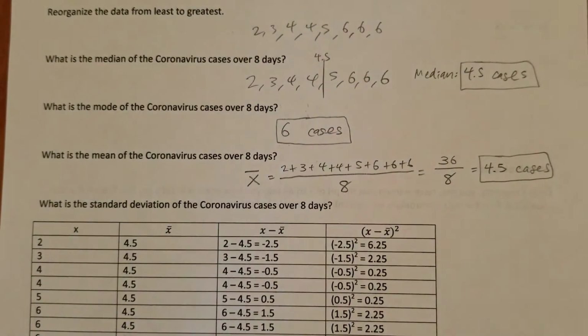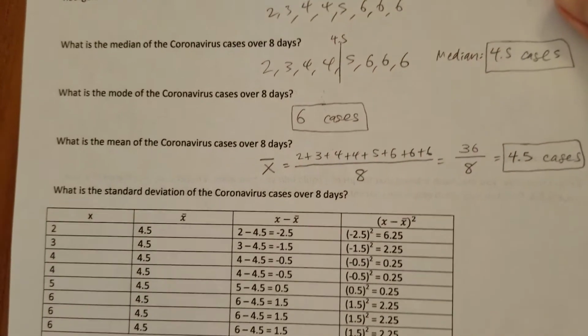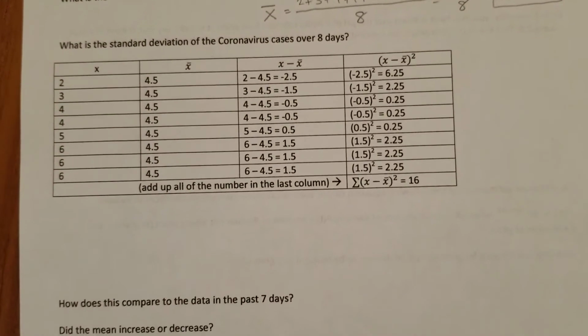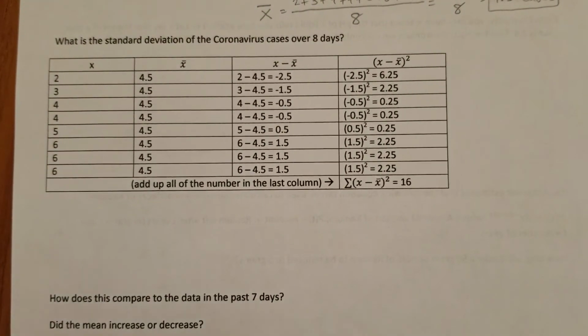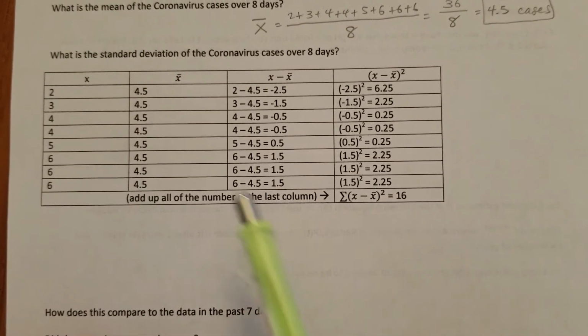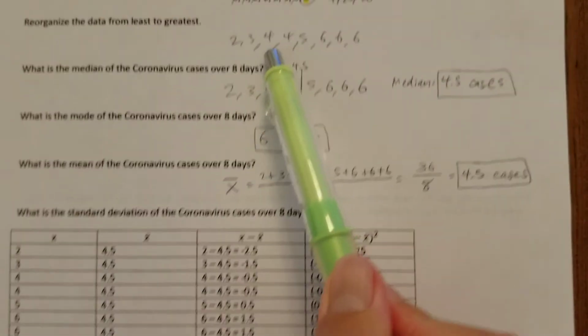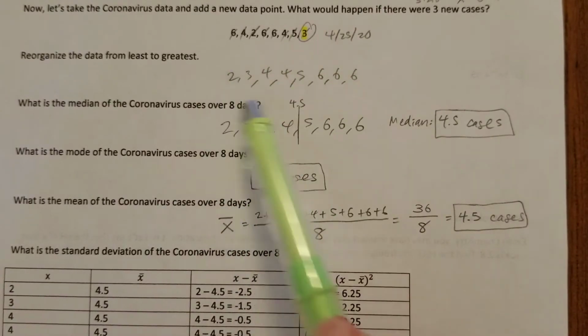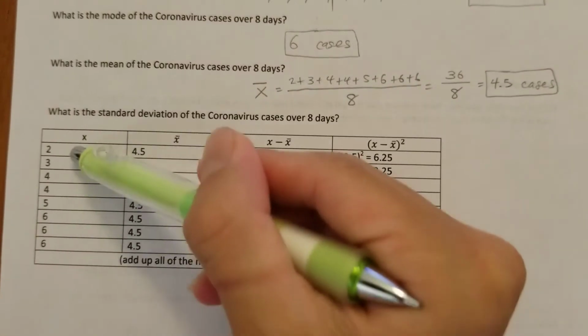Okay. Next part. What is the standard deviation of the coronavirus cases over 8 days? Again, I took this data here, 2, 3, 4, 4, 5, 6, 6, 6. That is our data that we're analyzing.